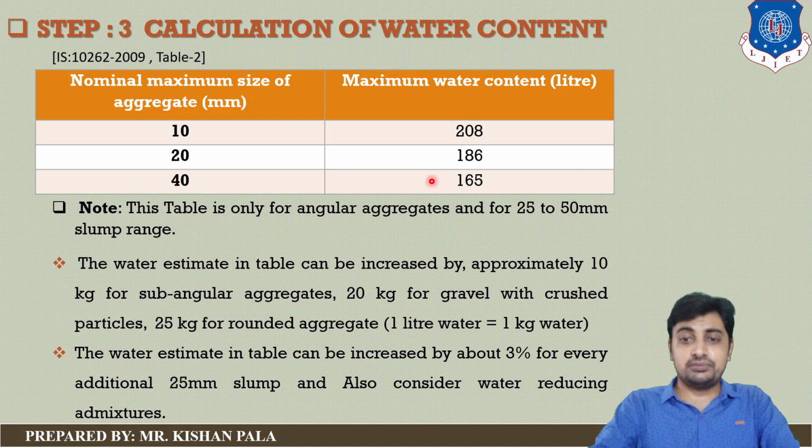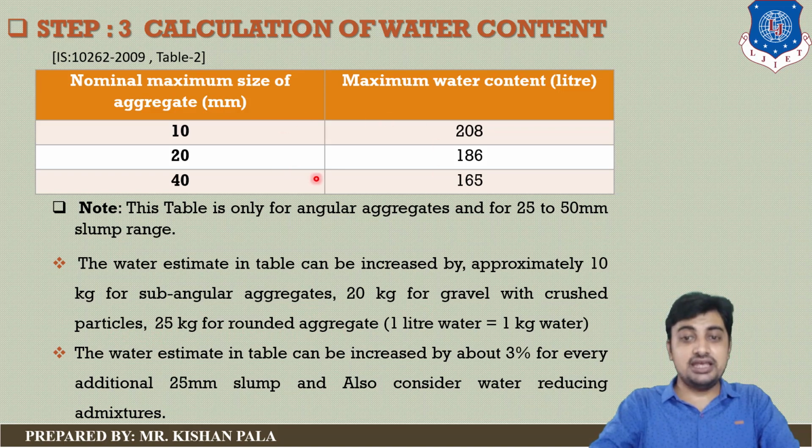So you have to consider this table for the angular aggregates and 25 to 50 mm slump range. The water estimate in this table can be increased approximately 10 kilogram for the subangular aggregates, 20 kilogram for gravel with crushed particles, and 25 kg for the rounded aggregate.